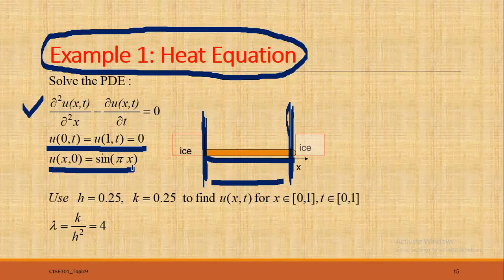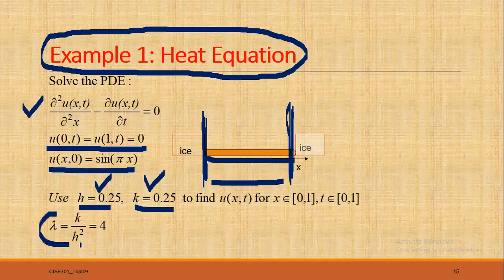Now this problem we solve using the explicit method, and we use the step size for x and t. For x, we consider 0.25. For t also we consider 0.25. So if we consider h is 0.25 and k is 0.25, then lambda is k upon h square, which is nothing but 4.